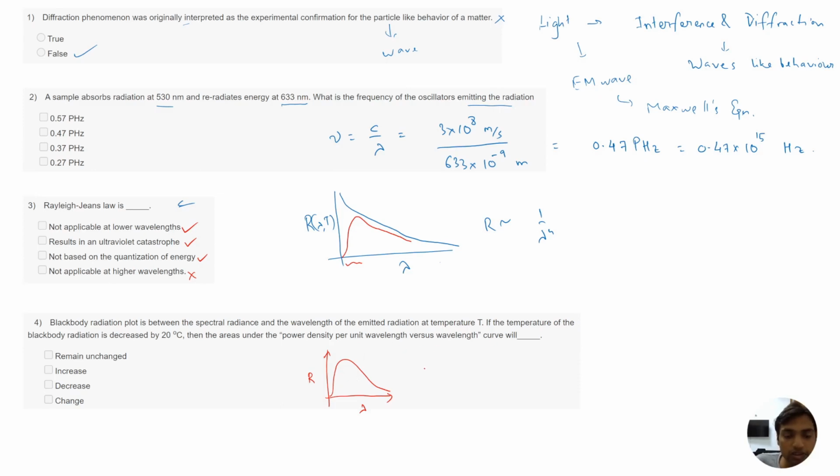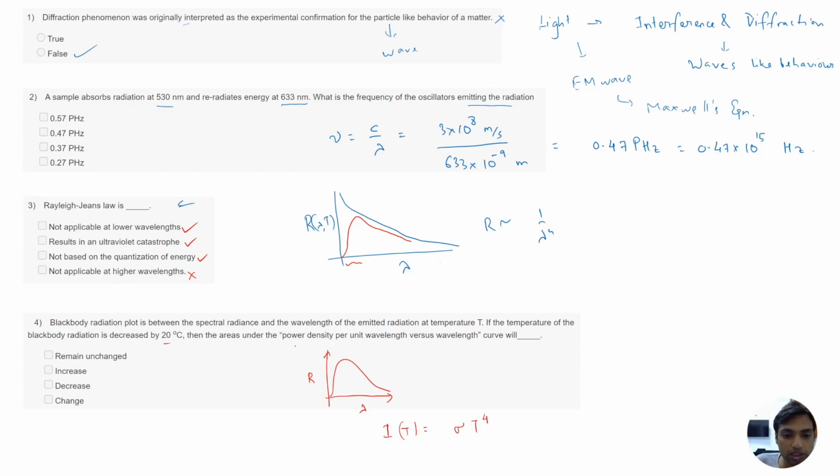The area under this curve will give you the intensity, and intensity at some temperature T is given by sigma T to the power 4. So what it is saying is, if the temperature of the black body is decreased by 20 degrees Celsius, so whatever the temperature, you subtract 20 from it, then the intensity will also decrease.